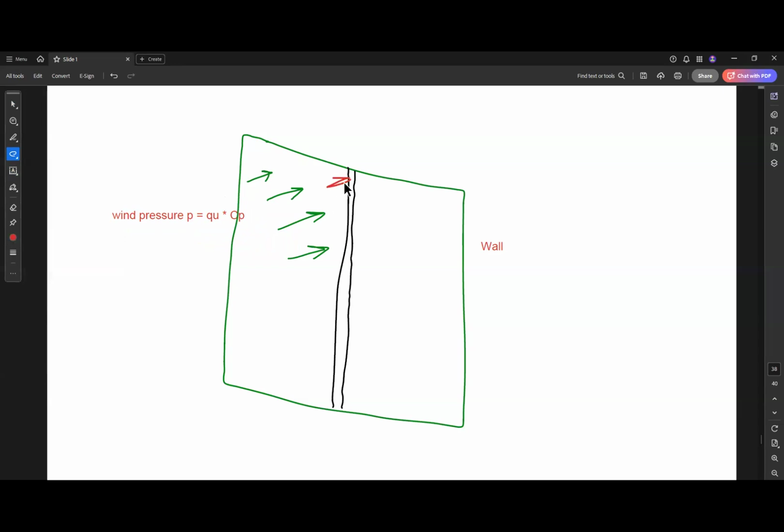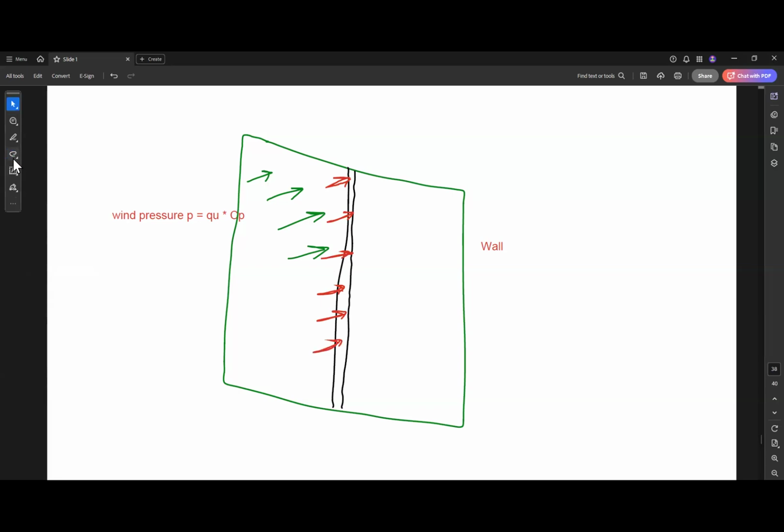This pressure will be distributed load over the length of the column itself. This is like what we have done in the dead load and live load. You need to convert from an area load to a line load.